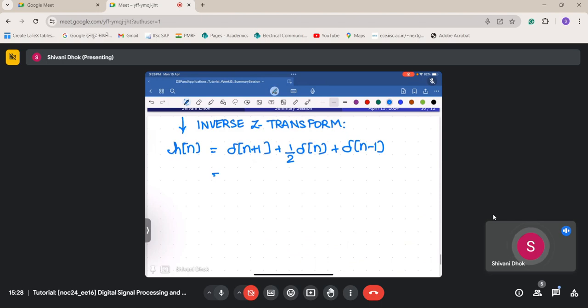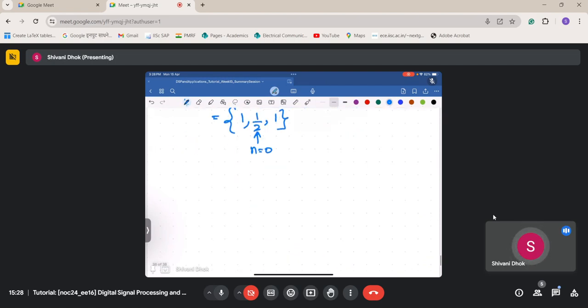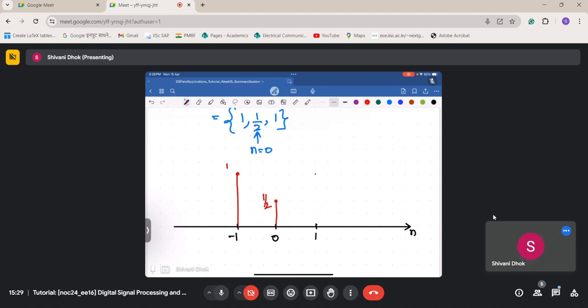I can also represent it as a sequence, where this is at n equal to 0. This is n, this is minus 1, this is 0, this is plus 1. So I have a 1 here, this is 1, this is half, again this is 1.